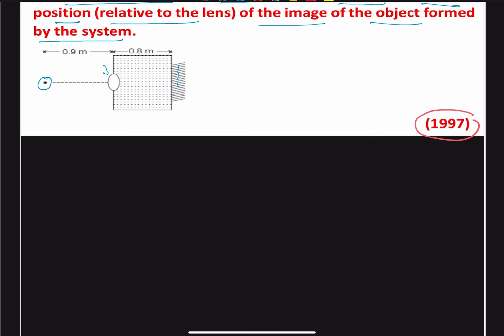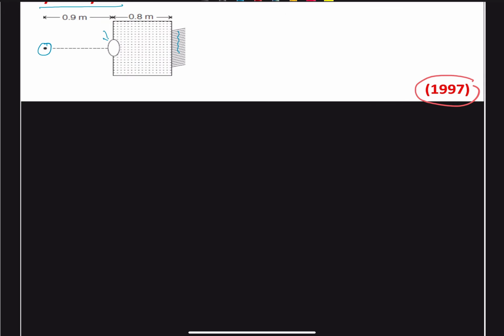So first of all, we can find out the focal length of this equiconvex lens. Okay. So we can use the standard formula.